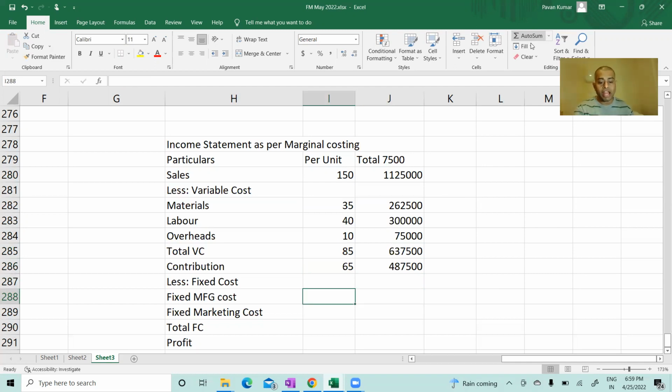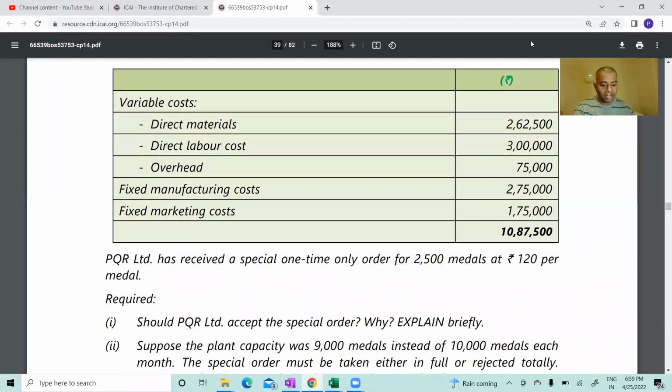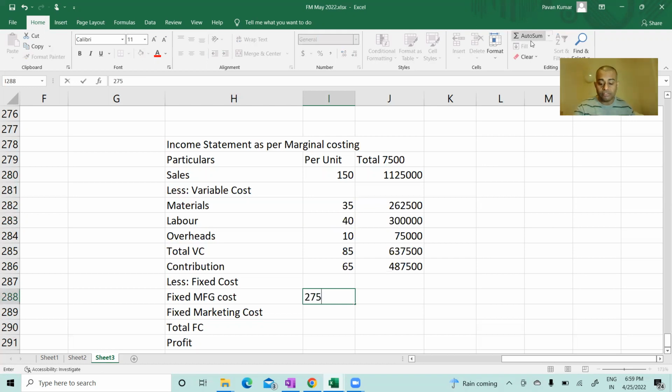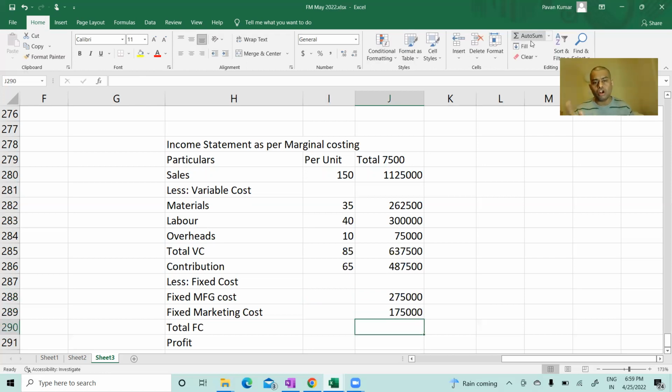Okay, then fixed manufacturing cost how much? 2,75,000, 1,75,000. Will not write in per unit column. If you want, you can write also, but it is not appropriate. Writing fixed cost per unit is not appropriate.